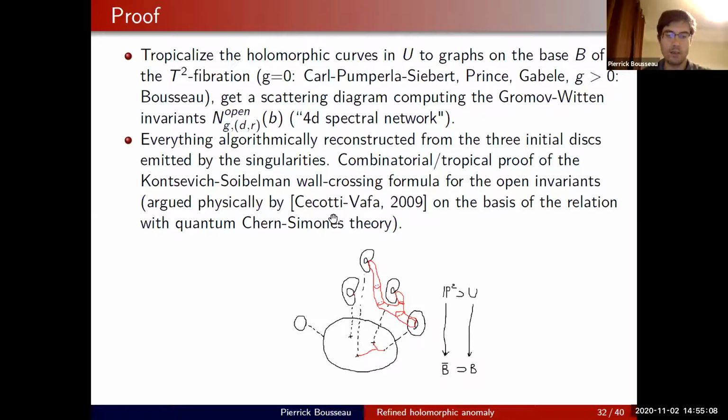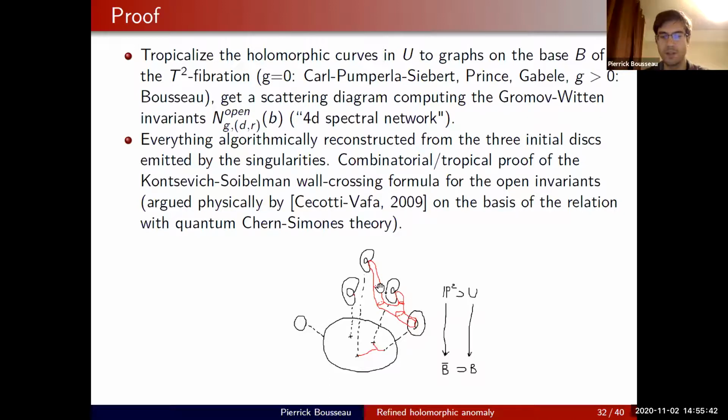And because I don't know how to establish this correspondence mathematically, the way we derive the fact that these numbers satisfy the wall crossing formula is essentially by some combinatorial tropical argument. So you need to prove that indeed counting such curves is the same as counting these kinds of trees with appropriate multiplicities. And then you check that the data of these multiplicities on the trees is equivalent to the Kontsevich-Soibelman wall crossing formula. So here I'm skipping a lot of details, but the basic idea is some kind of tropical geometry idea.